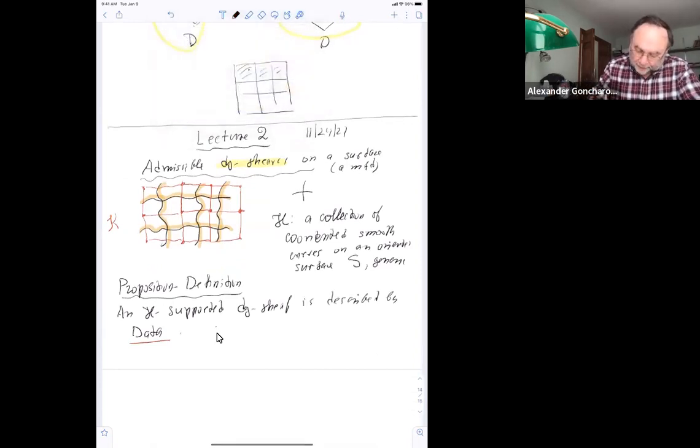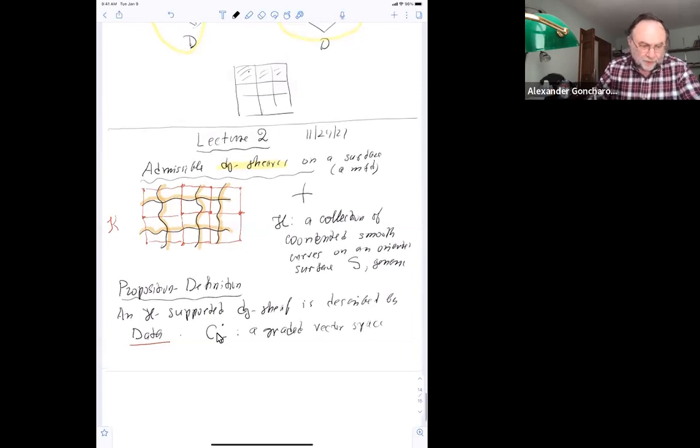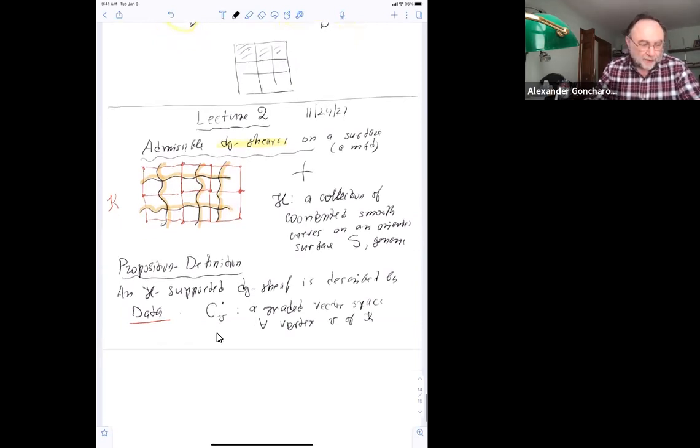You have a complex called C_V dot. Actually, sorry, it's not a complex. It's a graded vector space, no differential yet, for each vertex V of this red cubical complex.